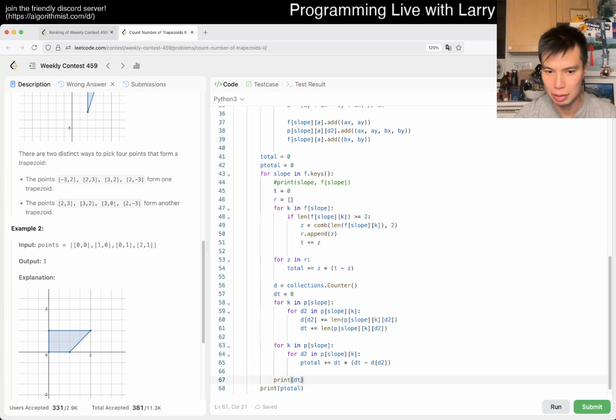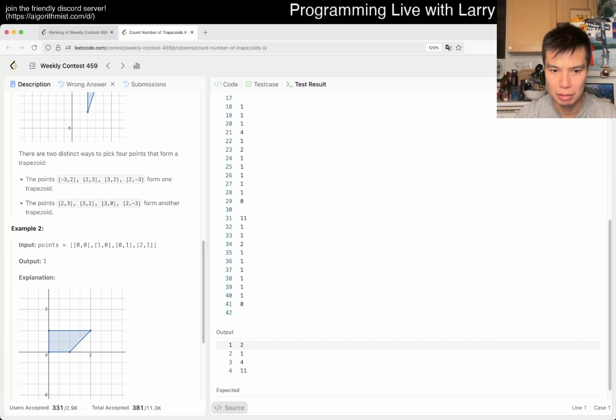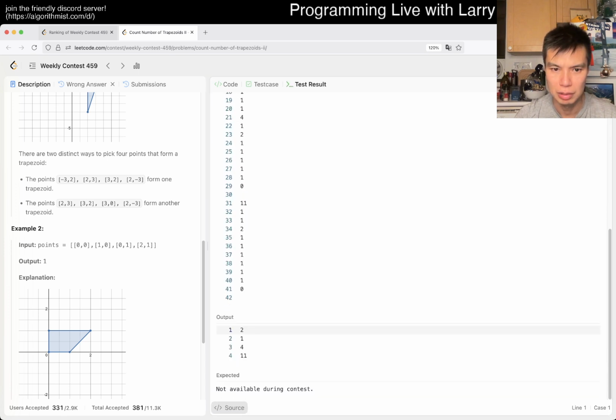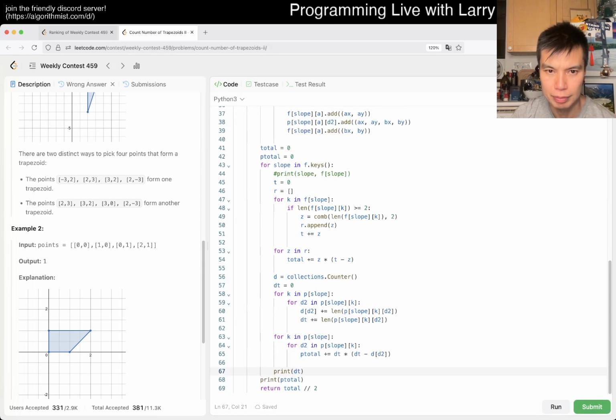But anyway, okay. Why is that? dt maybe. Let's see, does dt return anything? I think so. What am I printing? Yeah.